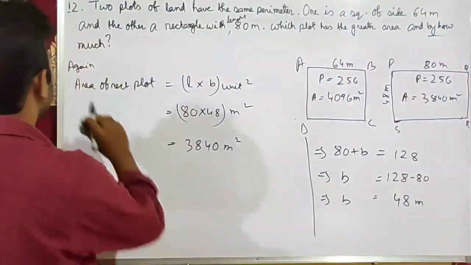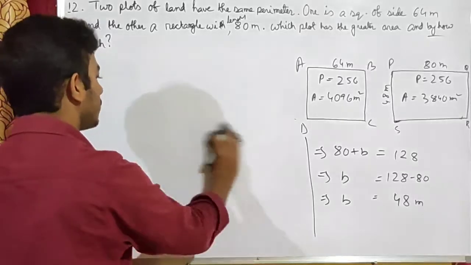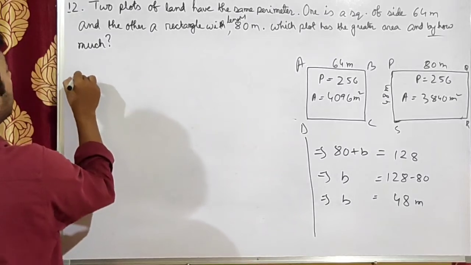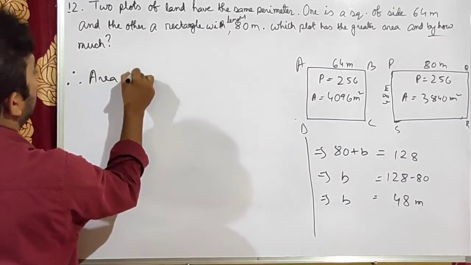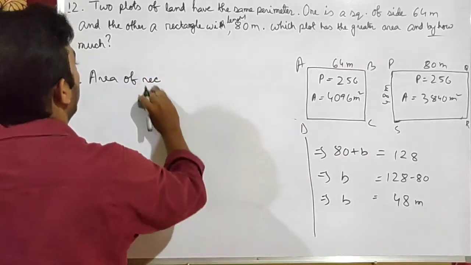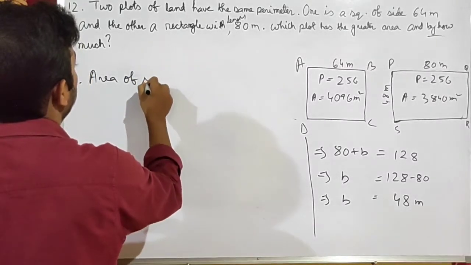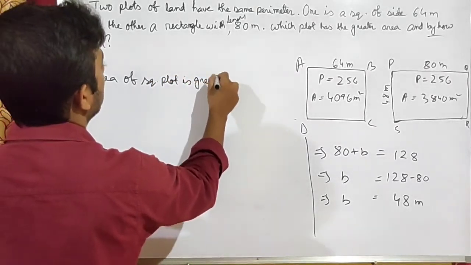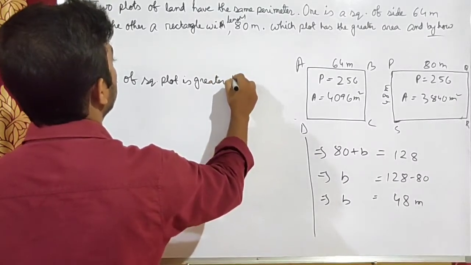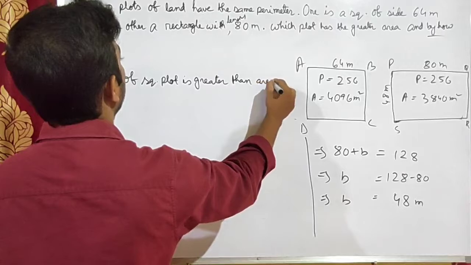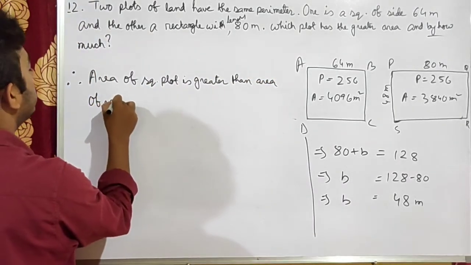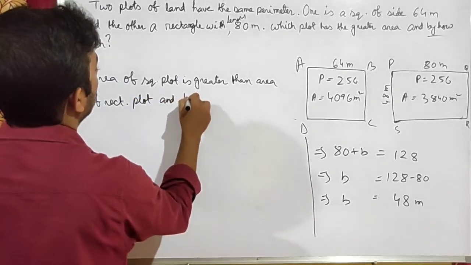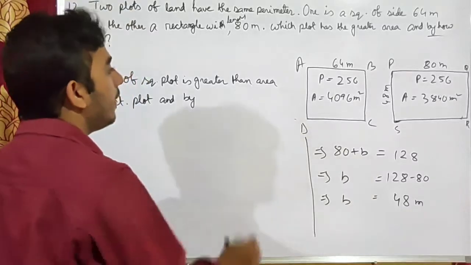Let's write like this. Therefore, the area of the square plot is greater than the area of the rectangular plot, and by how much?